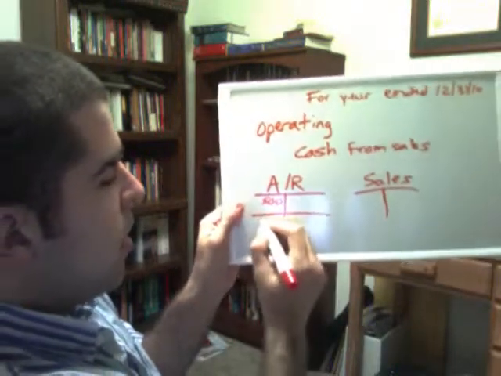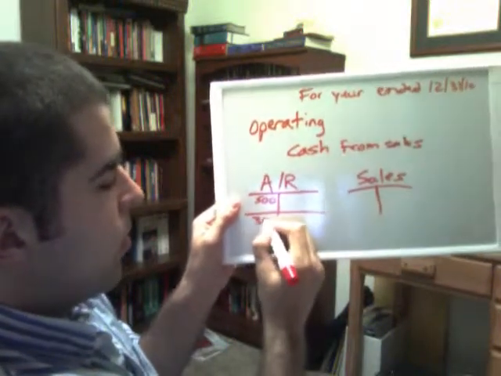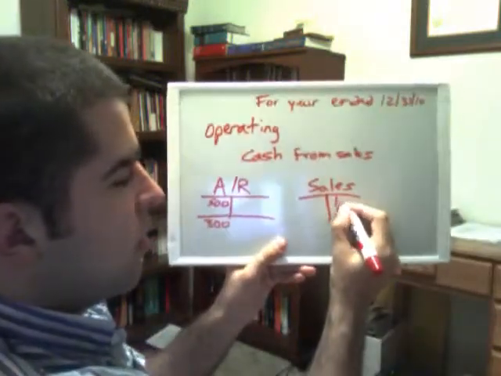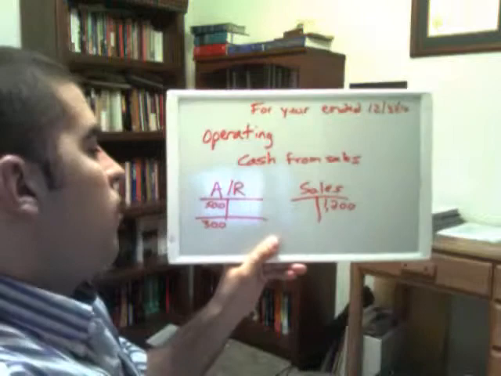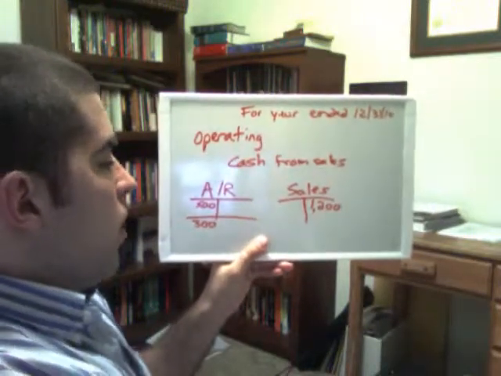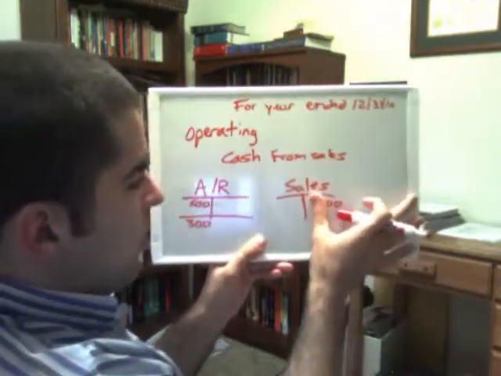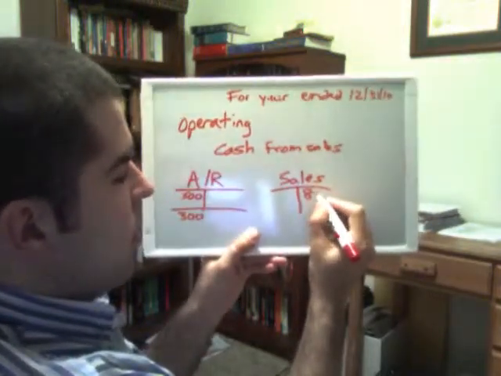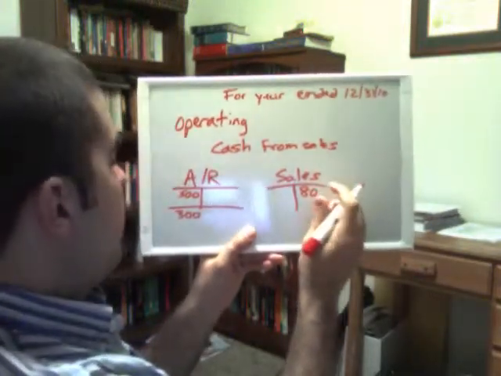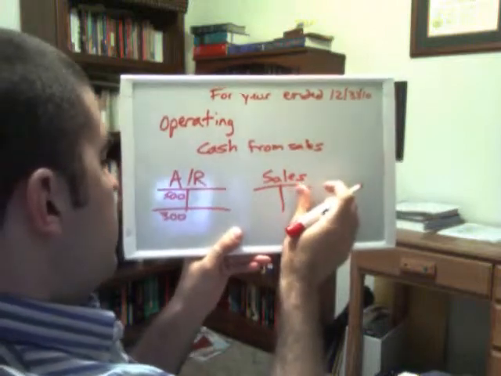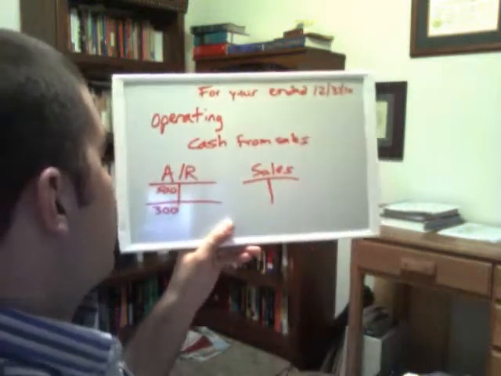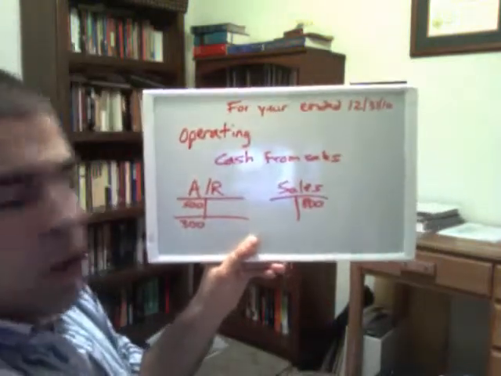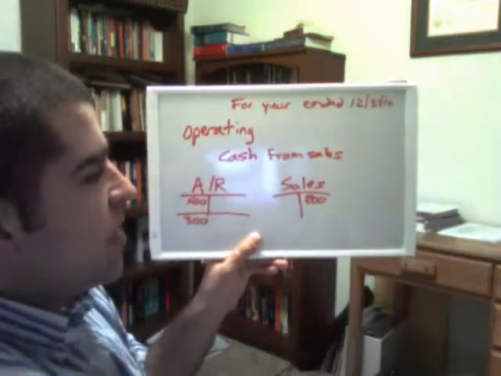Okay, and we know our ending balance is $300, and we were given sales of $1,200. Okay, actually, let's do it this way. Sales of, sorry, I can't add here. Yeah, sales of $800.